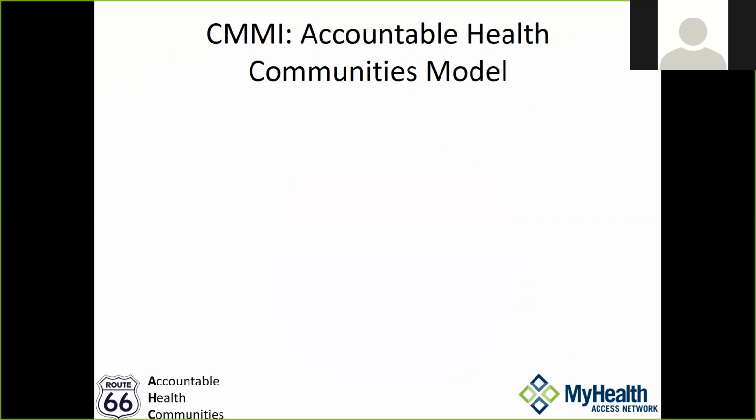And so recognizing this, CMMI, the Center for Medicare and Medicaid Innovation, which is charged with testing new payment models and innovative delivery system models in healthcare, proposed a model back in 2016 called Accountable Health Communities. What's important about this is it's twofold.